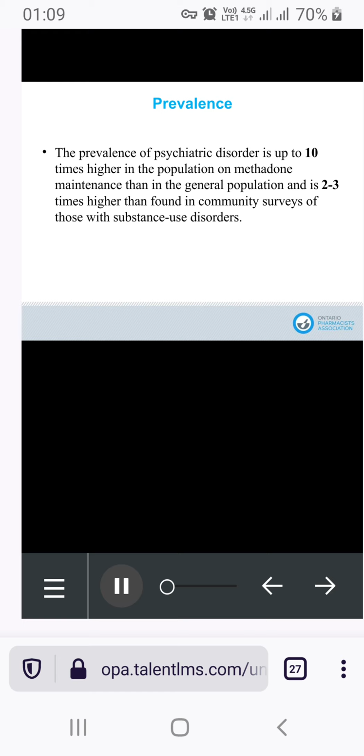Prevalence. The prevalence of psychiatric disorders is up to 10 times higher in the population on methadone maintenance than in the general population, and is 2 to 3 times higher than found in community surveys of those with substance use disorders.